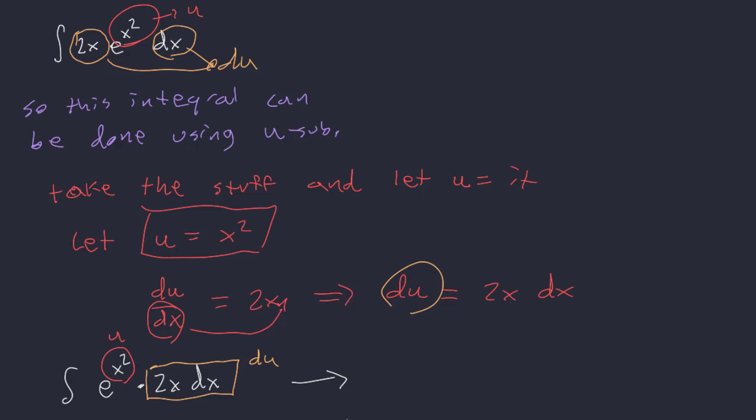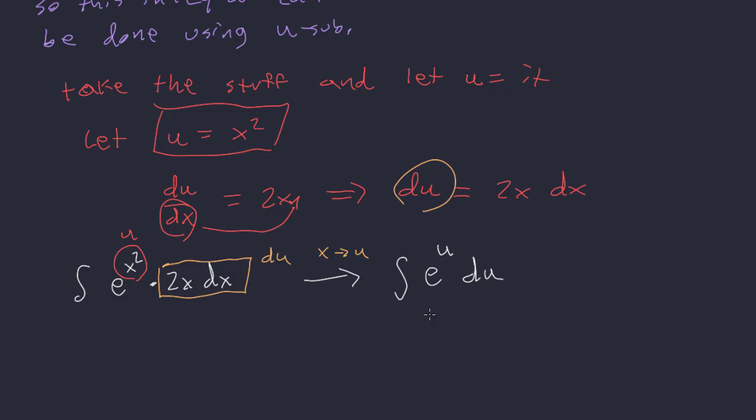Right? So when we make this transformation from x to u, and this is also why it's called change of variables, because if we translate this integral into u's, it then simplifies down to just being e to the u du.